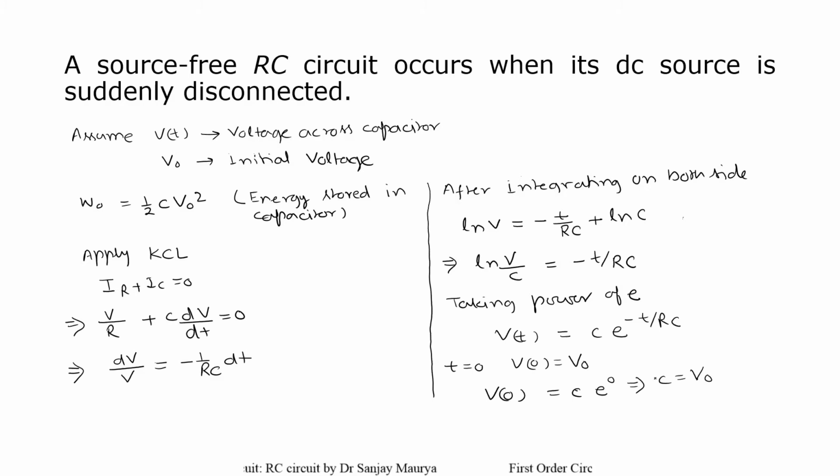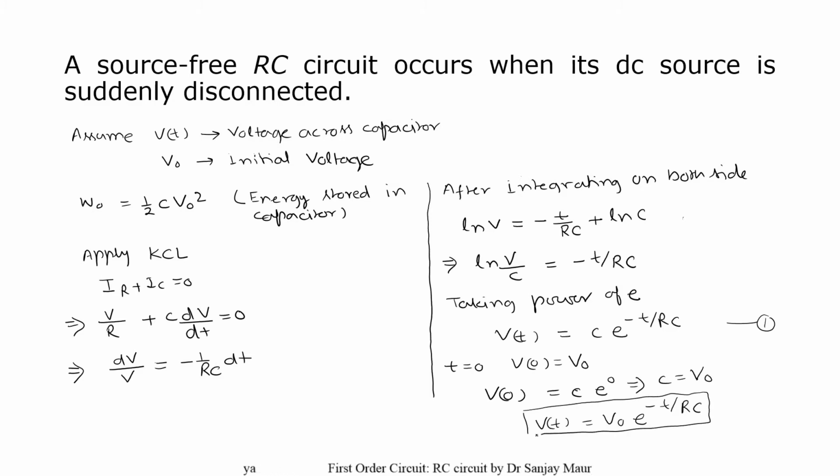After substituting the value of C in equation 1, we can get V(t) is equal to V0 e to the power minus t by RC. So this is the voltage equation of a source-free RC circuit.